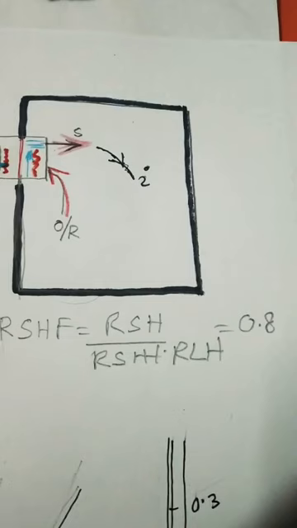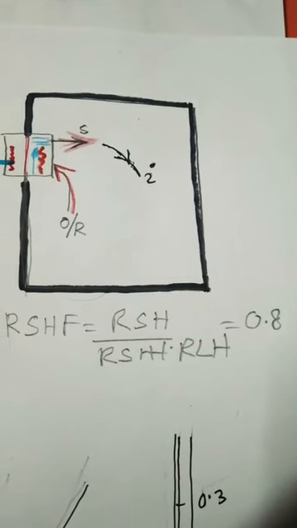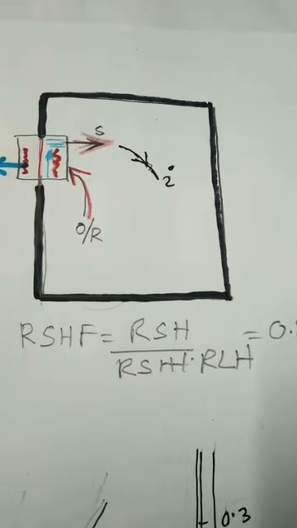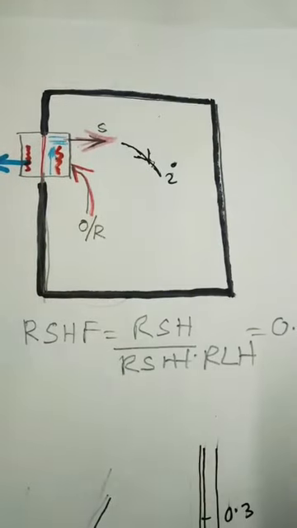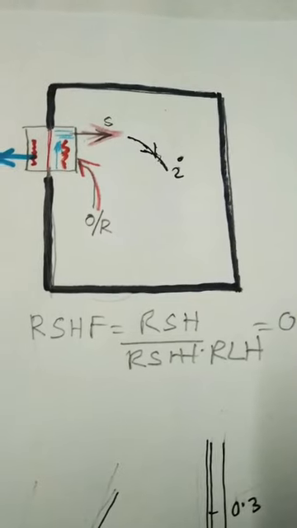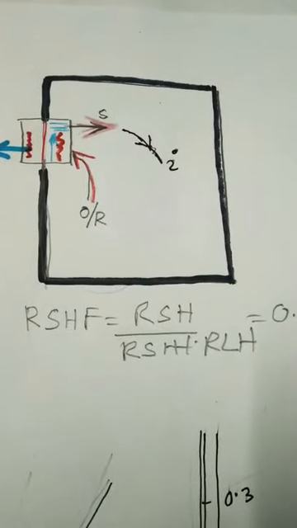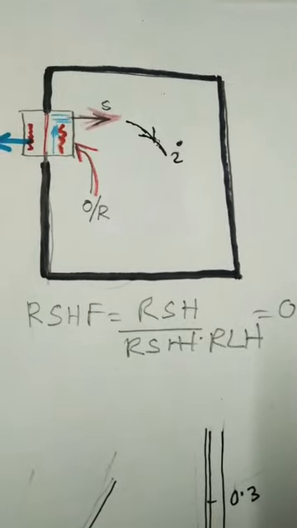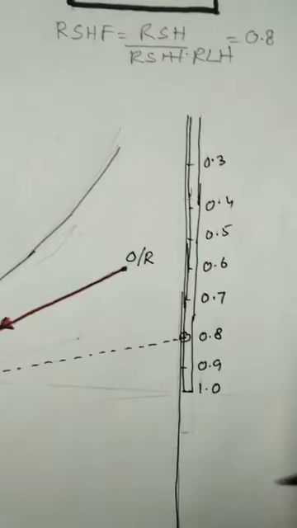What does this 0.8 represent? That there is a certain fixed value calculated for this particular room, with a fixed value of room sensible heat and a fixed value of room latent heat. So every room will have its own typical value of room sensible heat factor, and once it is known, the steps which we have to follow are like this.